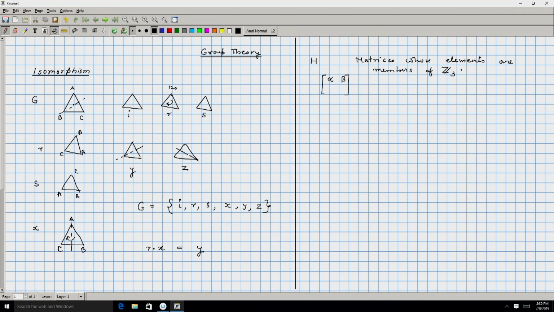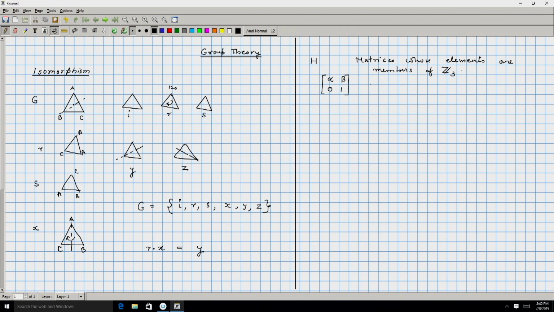By Z3 we mean numbers from 0 to 2. So, alpha and beta here are going to be members of Z3 and the other two elements are fixed, 0 and 1, and we have this restriction that alpha is not equal to 0.